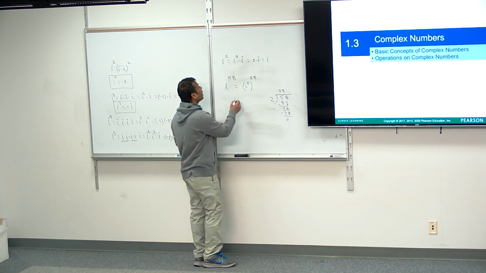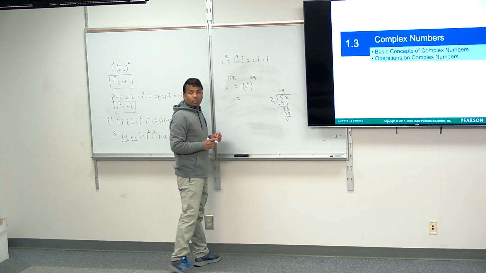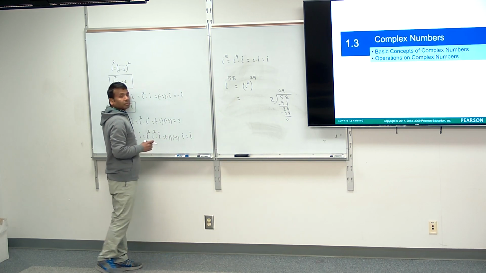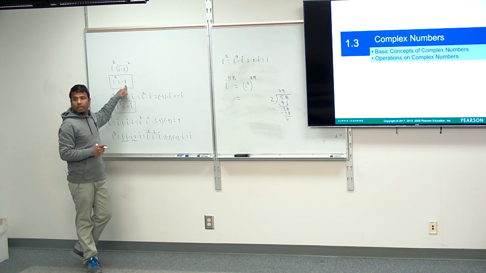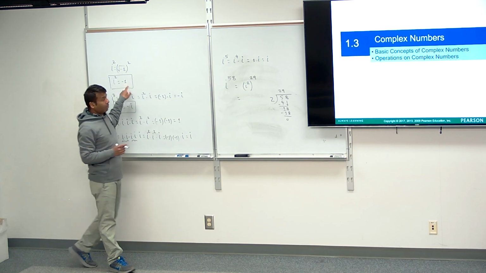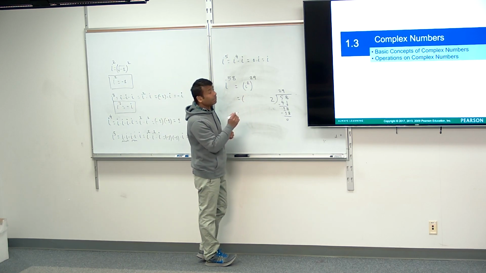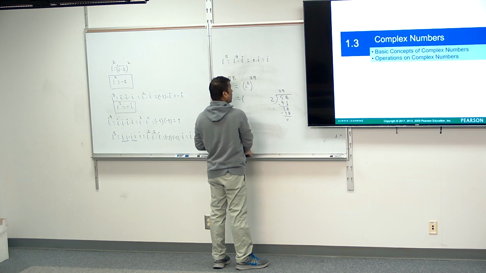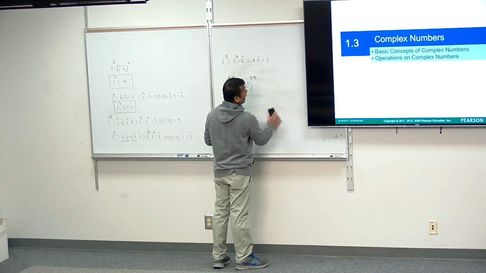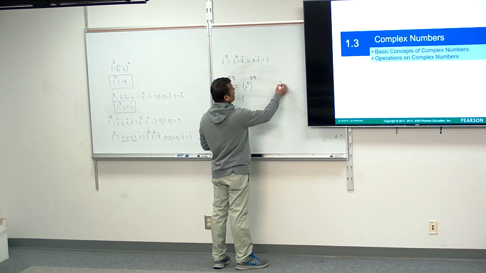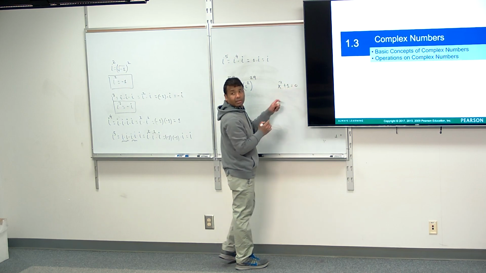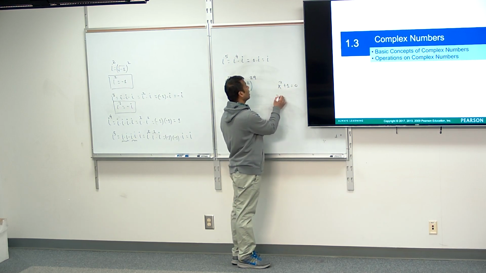And now, what is the value of i squared? What is the value of i squared? -1. How is that -1? Because you remember that we solved x squared plus 1 equals 0, this is the quadratic equation, is that right? We solve it. You move 1 to the right side.